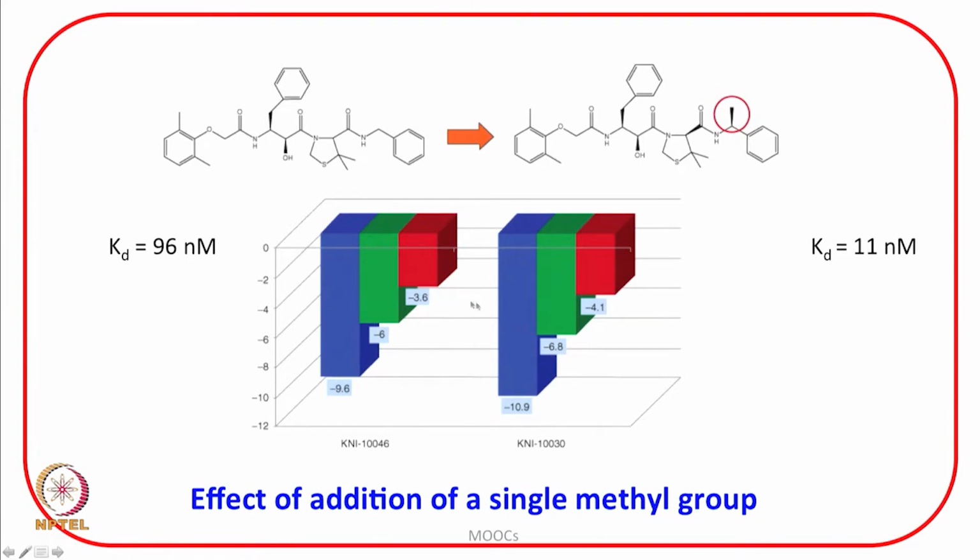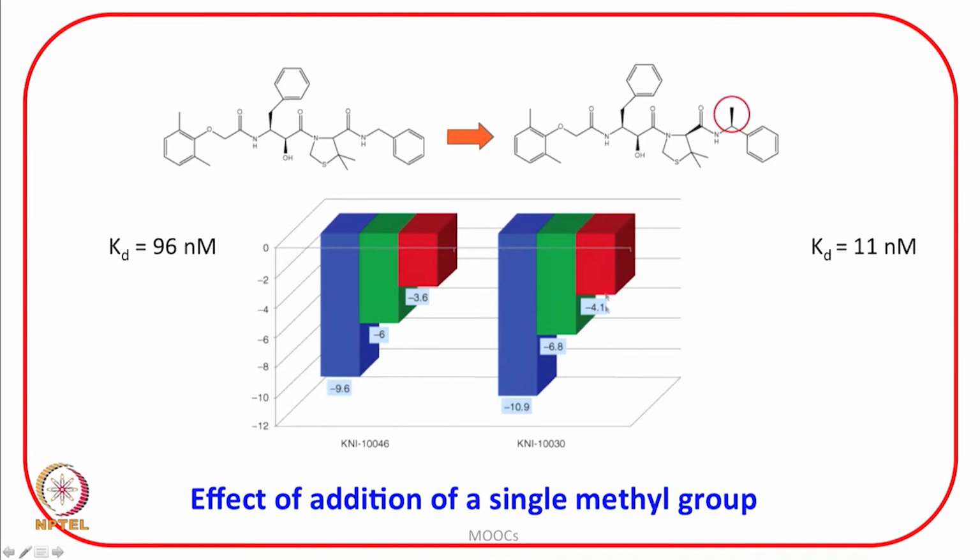And there is a marginal increase in entropy also. This is minus T delta S, therefore, I am saying marginal increase in entropy from 3.6 to 4.1 kcal. A good improvement in the affinity by a factor of 9 has been achieved by a little bit increase in enthalpy and a little bit increase in entropy.